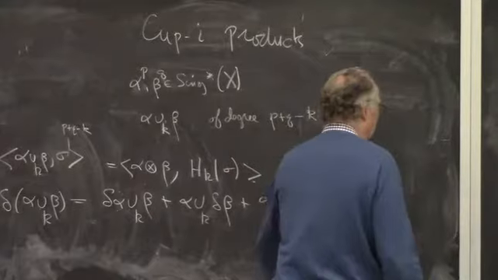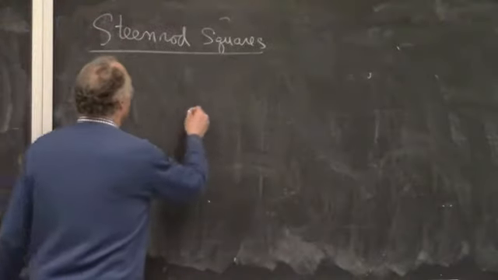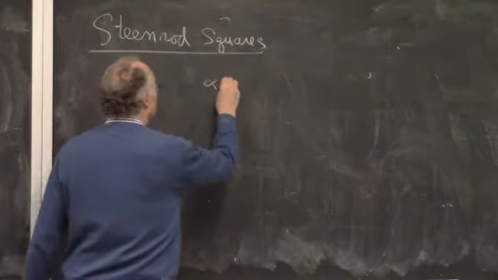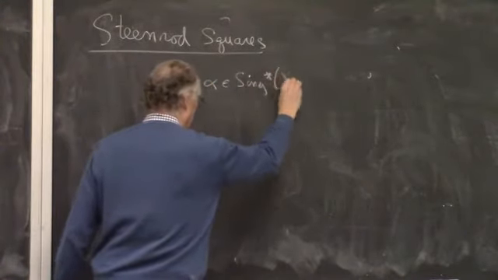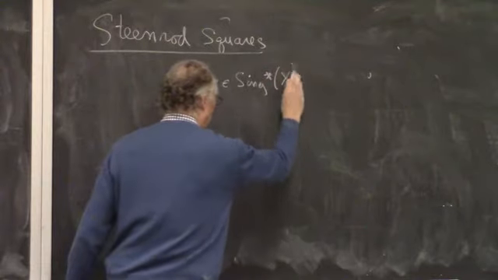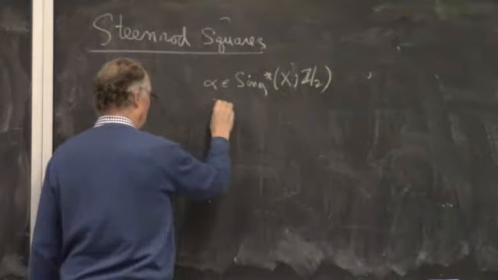Okay, Steenrod squares. Suppose that alpha, and I'm really working line 2 now, I have to work line 2 for this, is a singular Z2 cocycle.